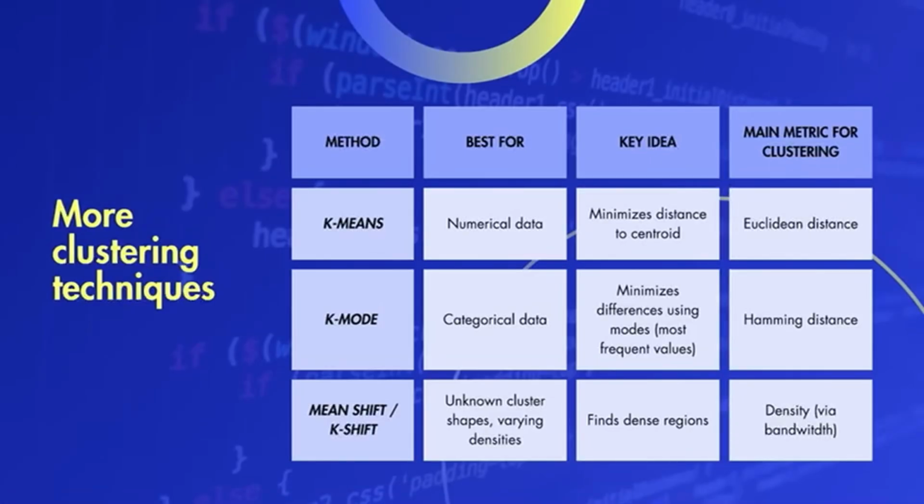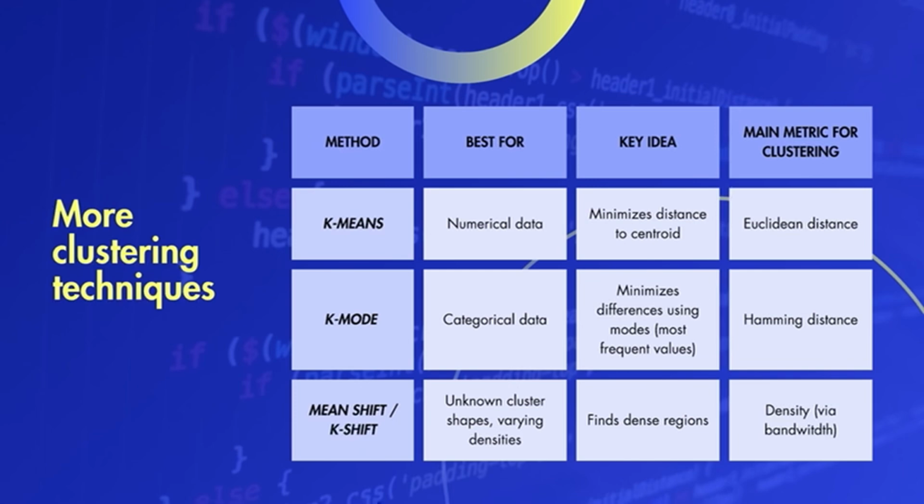So actually there are many more clustering techniques. The main 3 are the ones you can see here. The k-means that we already saw is best for numerical data. The key idea is to minimize distance to centroid, and the main metric used is the Euclidean distance. Then you have k-modes, which is close to k-means, but it is best for categorical data rather than numbers, for example job title, gender, city, location.